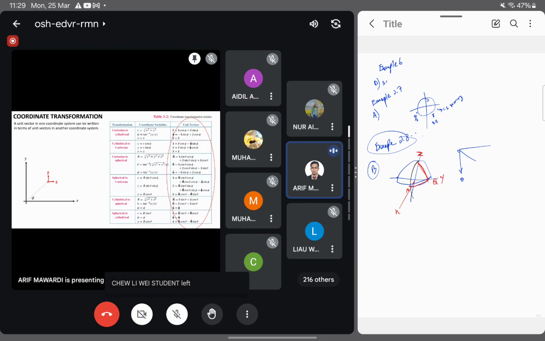So at this point, the direction of the unit vector r should be along this direction. And for phi, phi is defined as the angle from the positive x-axis. So this is your positive x-axis, and phi should be increasing along this direction. So at this point, the direction of phi should be along this direction.